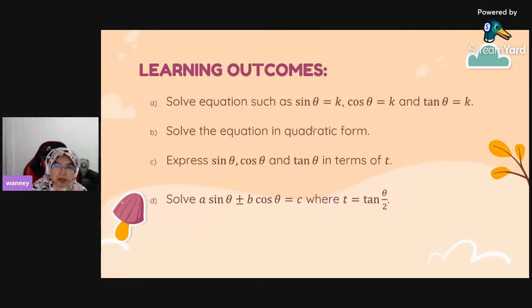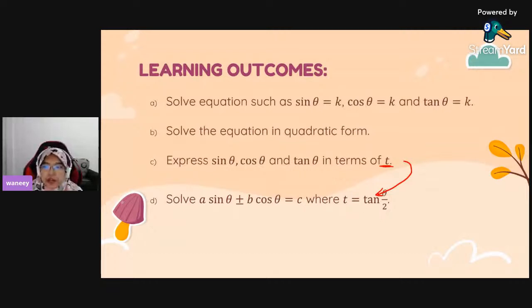So how to solve them? And then C, you should be able to express sine theta, cos theta, and tangent theta in terms of t. Why we have this C is because we want to use them for D, because we want to solve A sine theta plus minus B cos theta equal to C, where t is equal to tangent theta over 2.